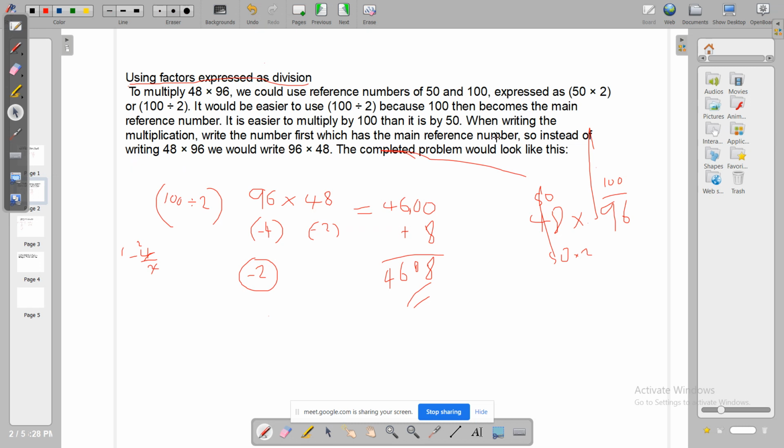So if 100 is my main reference number, then I need to change this to 96 times 48, so that your main reference number will come first, followed by the second reference number. Do you understand?